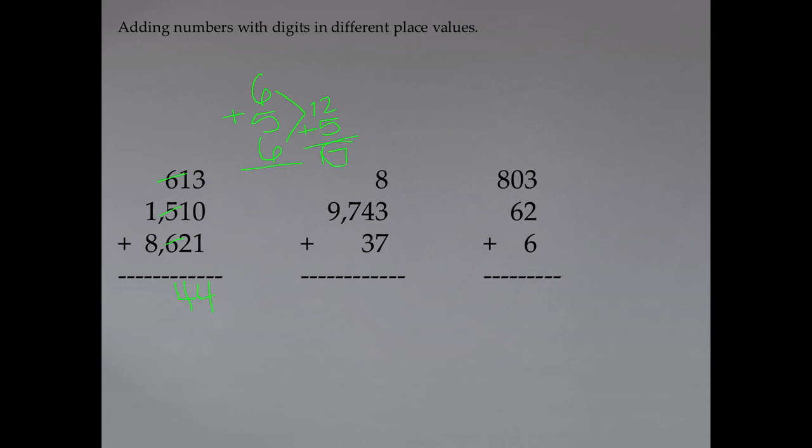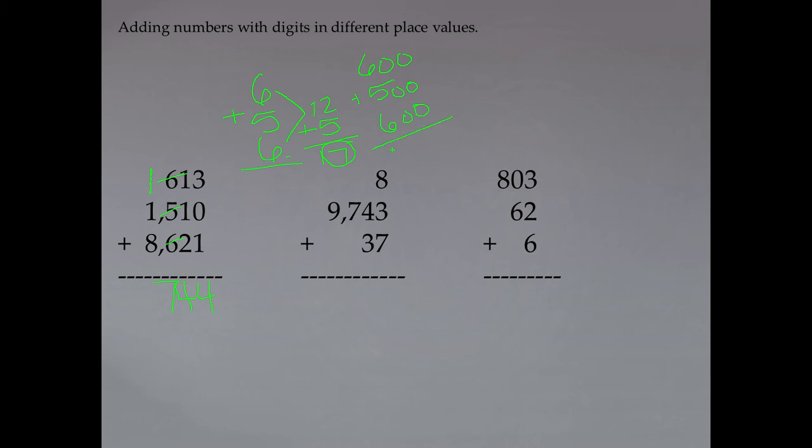This number represents my hundreds, so that's going to come down here. And the 1 represents my thousands, so I need to put that in my thousands column. Okay? 6 plus 5 plus 5 is a simplified way in this problem of saying 600 plus 500 plus 600.